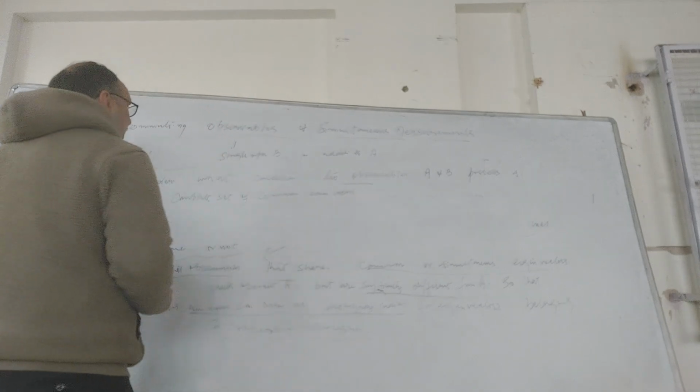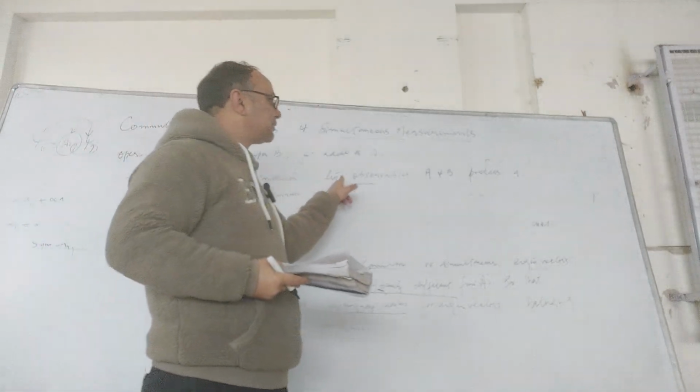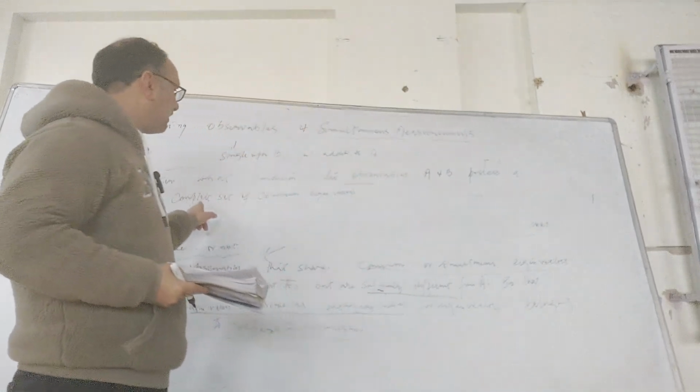हाँ अब ये है under what conditions two observables A and B possess a complete set of common eigenvectors.